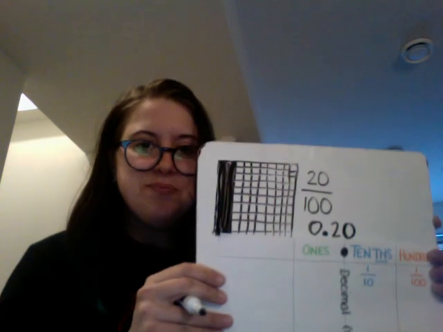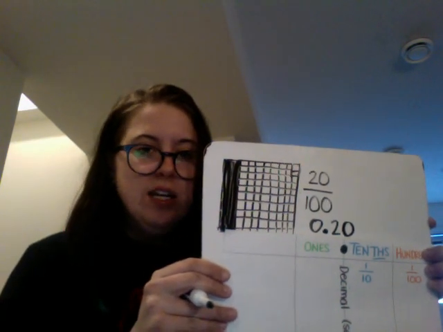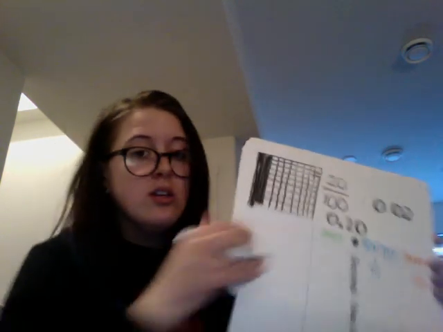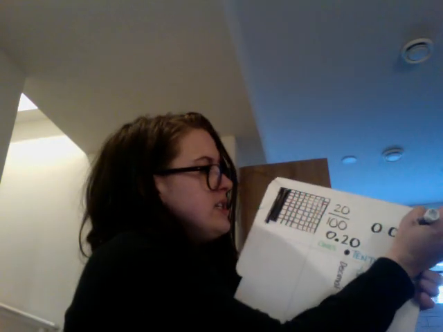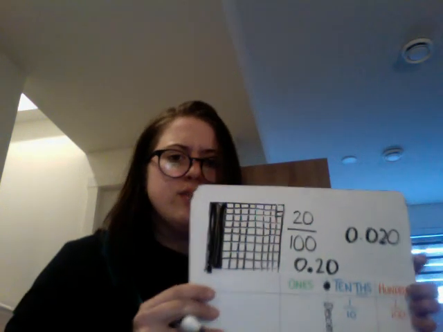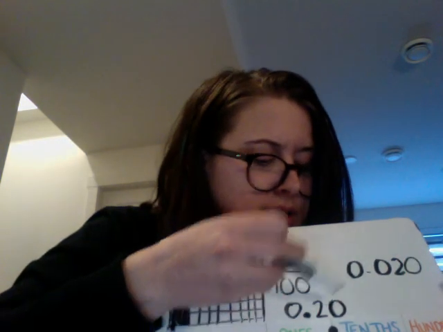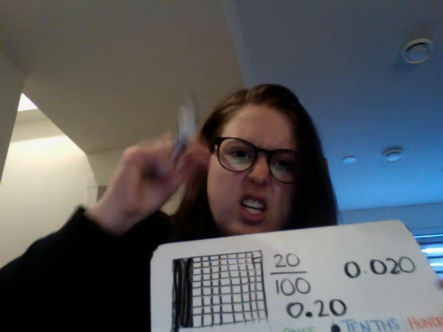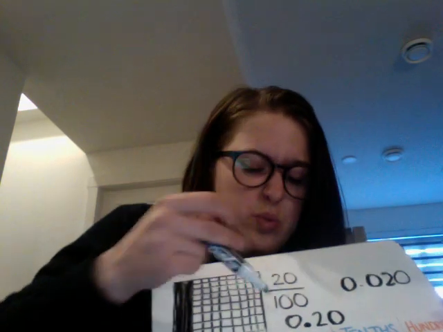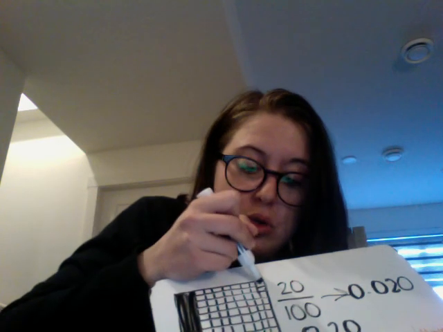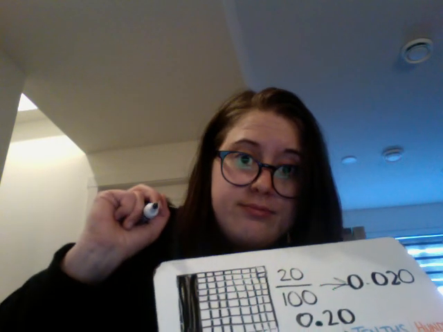Okay, so notice how I didn't write my decimal as 0.02. Notice how I didn't put the 2 in the hundredths column. Okay, because these 2 decimals are very, very different, okay? This decimal would again mean that there were only 2 little guys colored in, right?